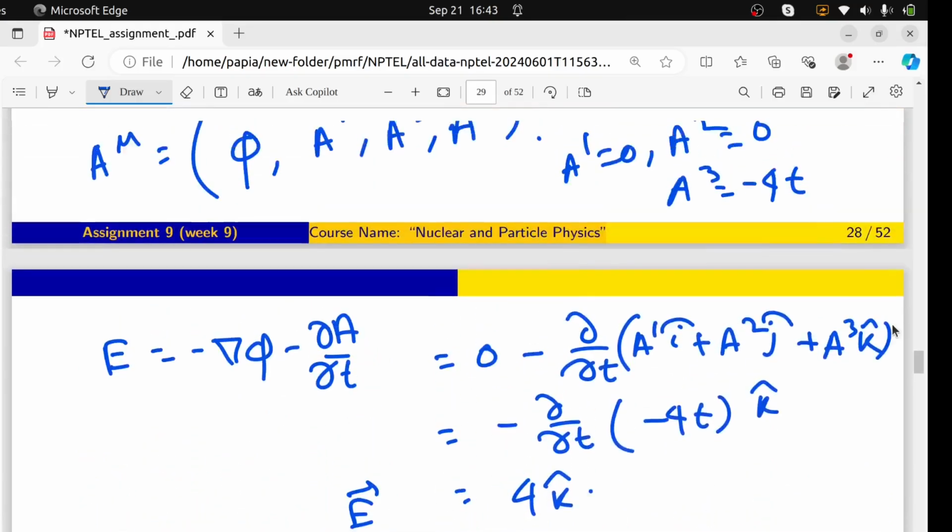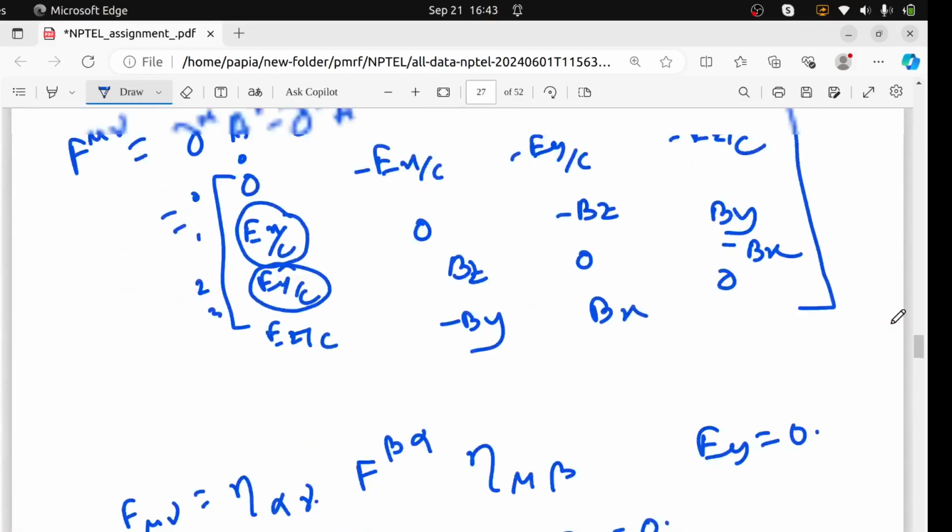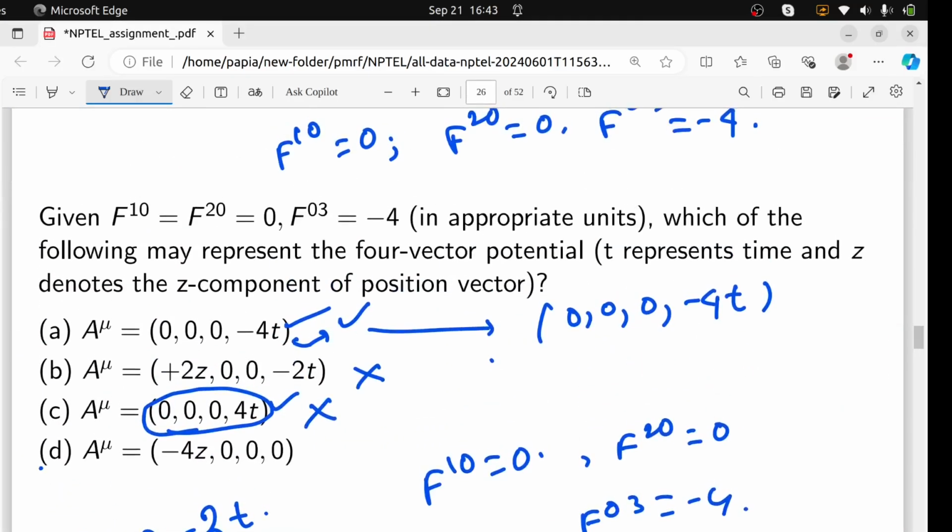So we can understand that if our A is (0, 0, 0, minus 4t), then we are getting E as 4 k cap, and if it is (minus 4z, 0, 0, 0), then also we are getting E equals 4 k cap.